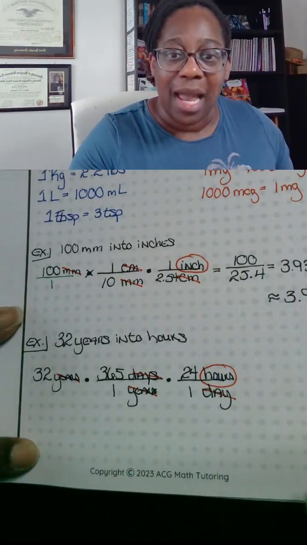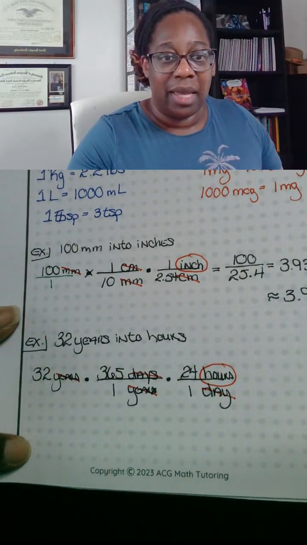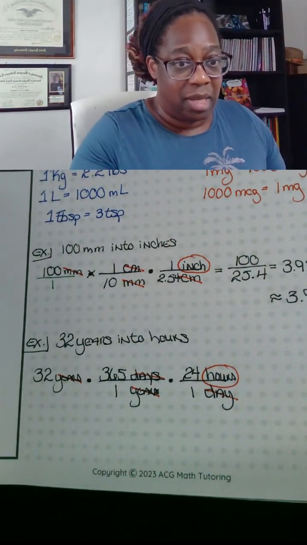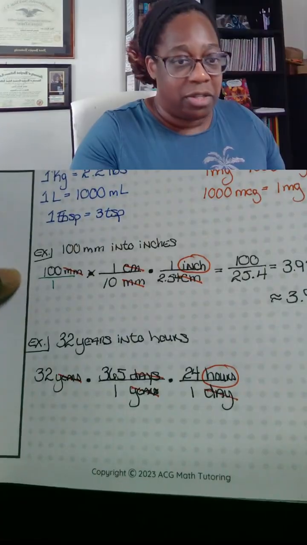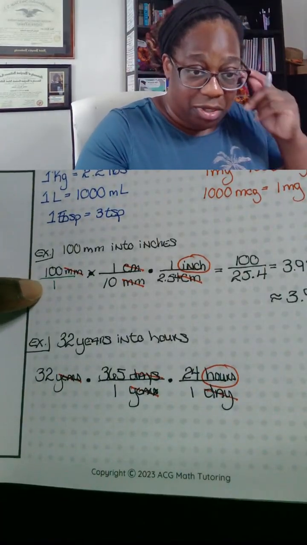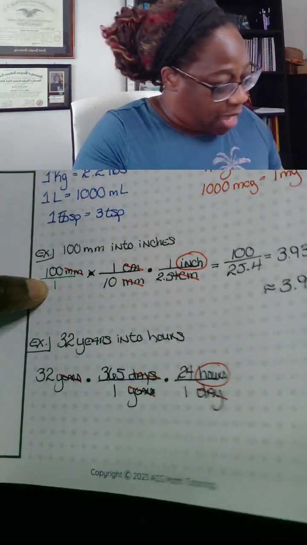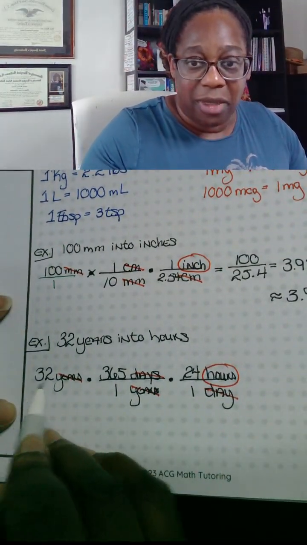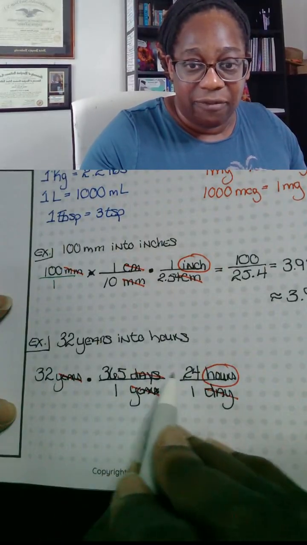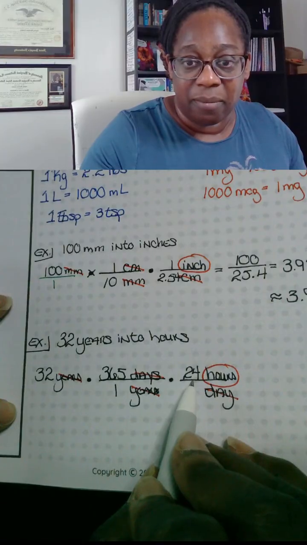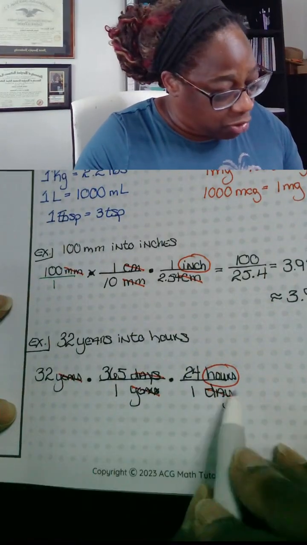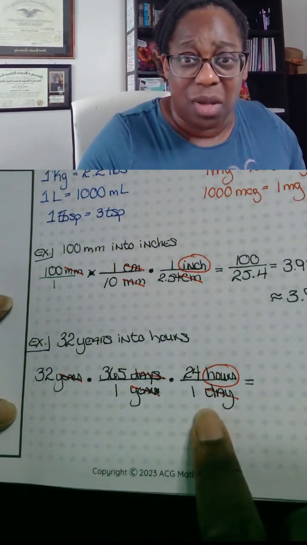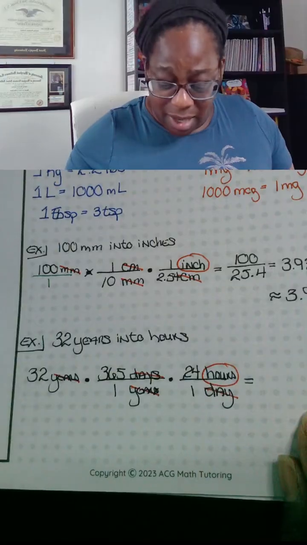What's left is your hours. You do the ratios, and that's fine. So all you have to do now is, you notice, you got 32, you got 365, and you got 24. Now you just multiply straight across, and your denominators are just ones, so you don't have to worry about the denominators.